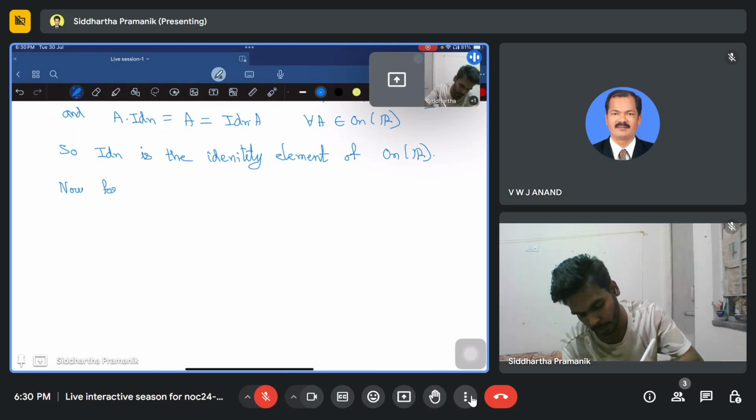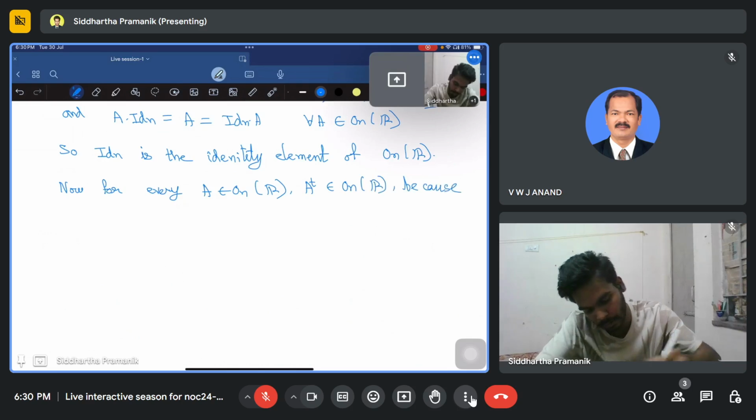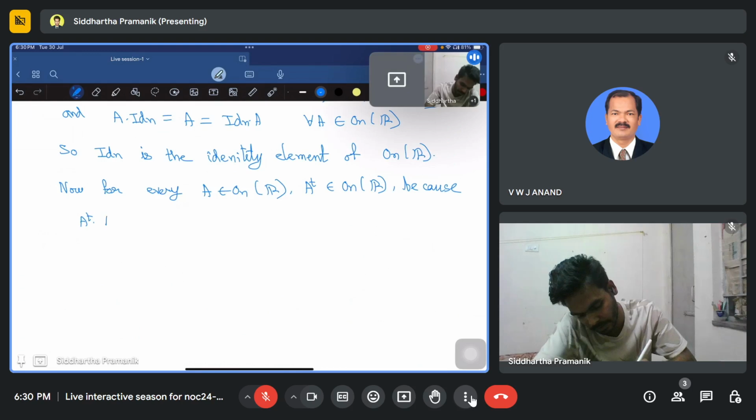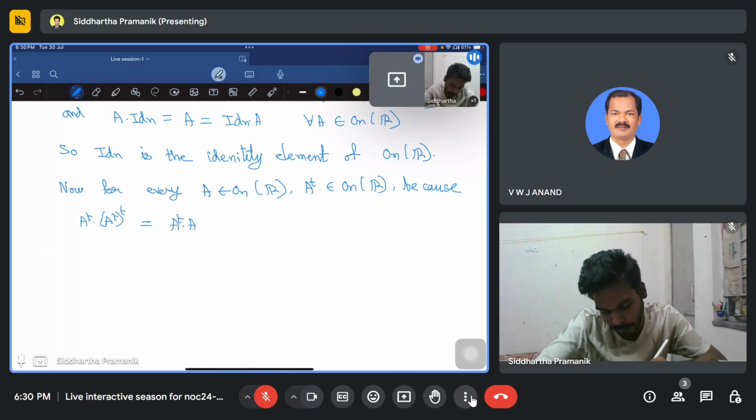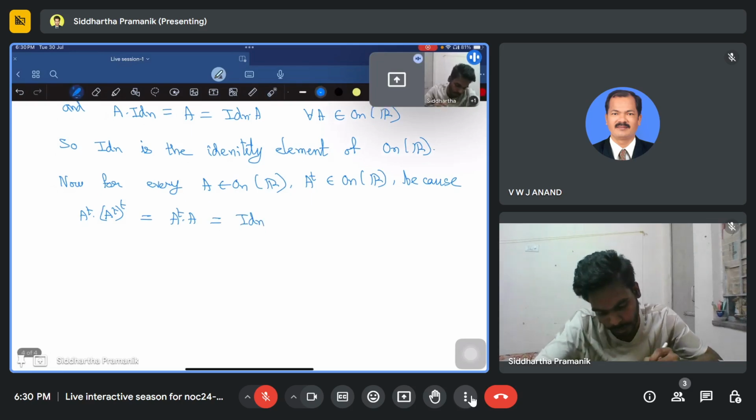Now for every A belonging to O(n, R), the matrix A transpose also belongs to O(n, R), because A transpose times the transpose of A transpose is the same as A transpose times A. This follows from the properties of matrices, and this is the same as identity, because that condition basically means A is an orthogonal matrix. So this should hold.